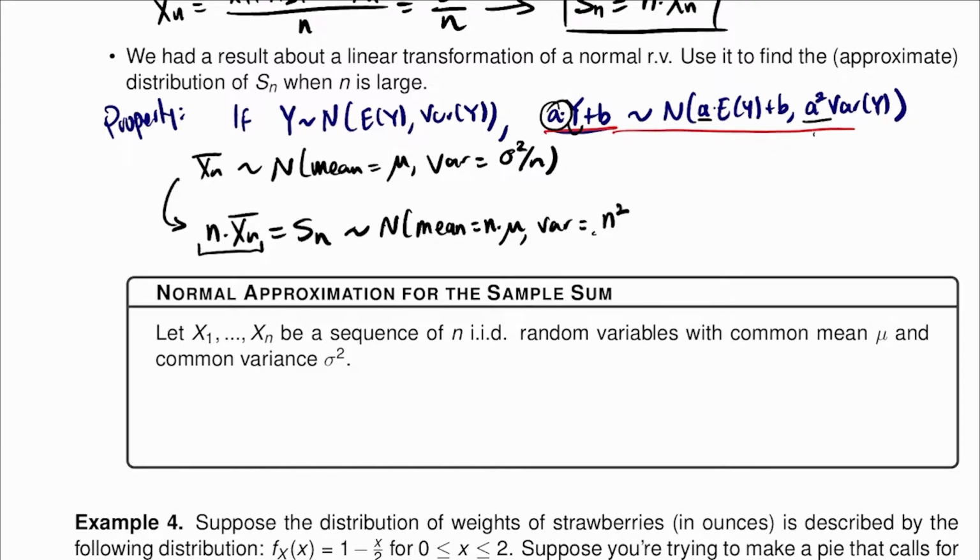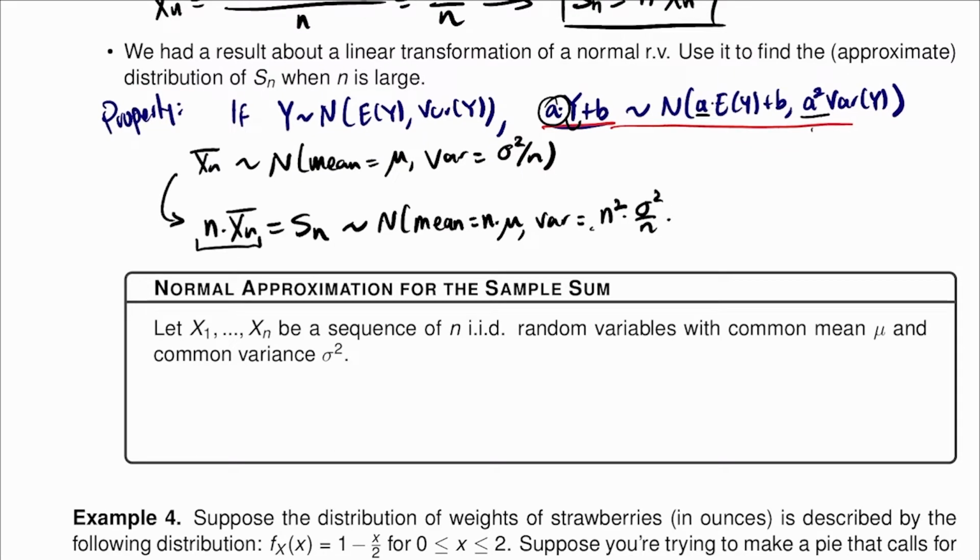The sample mean's variance is sigma squared over n, so this variance is equal to n times sigma squared.